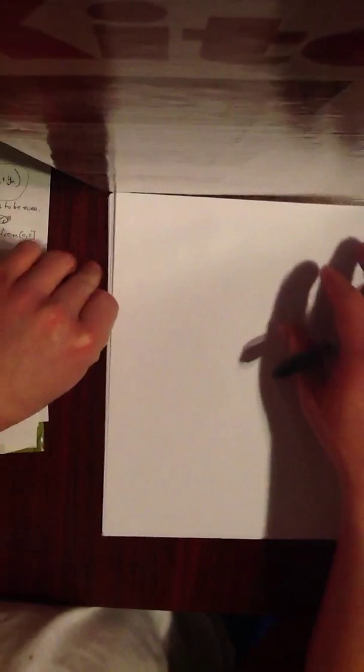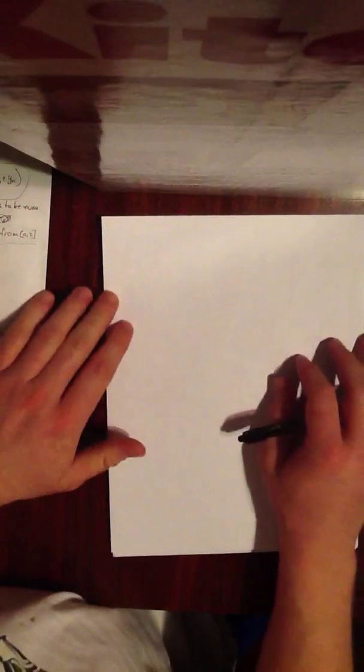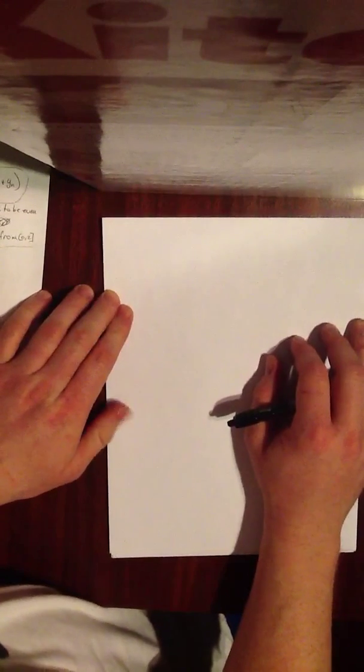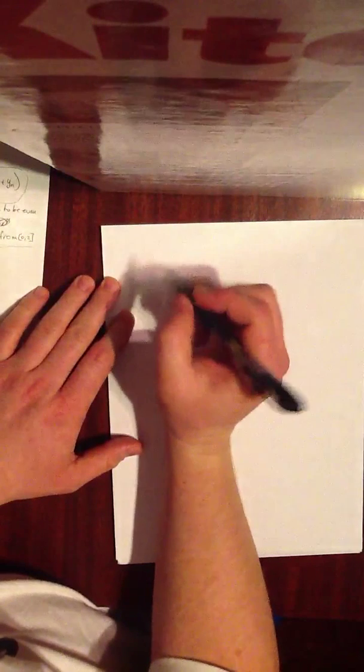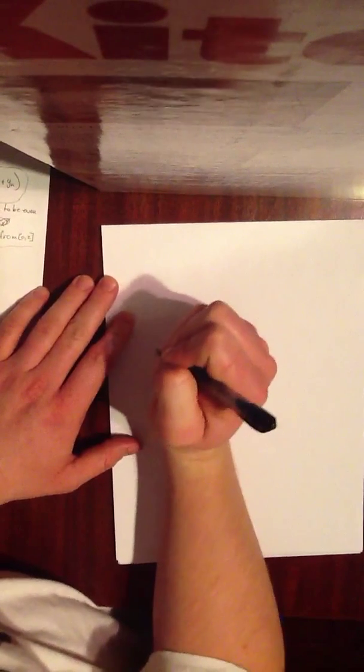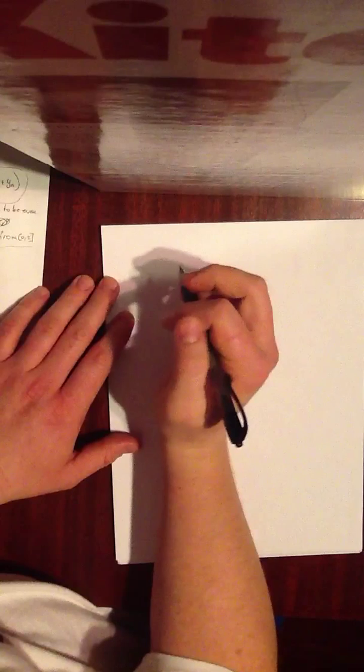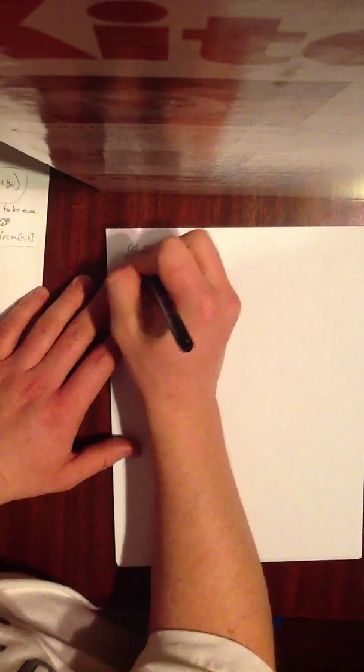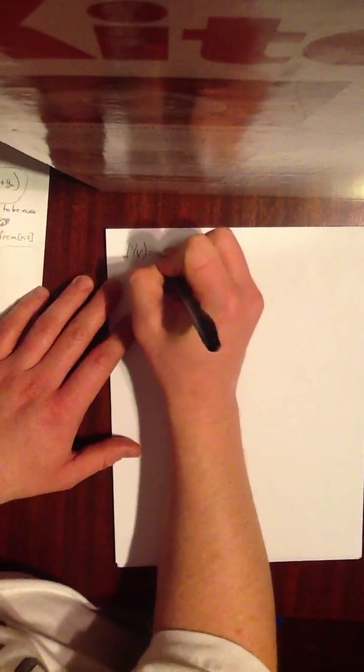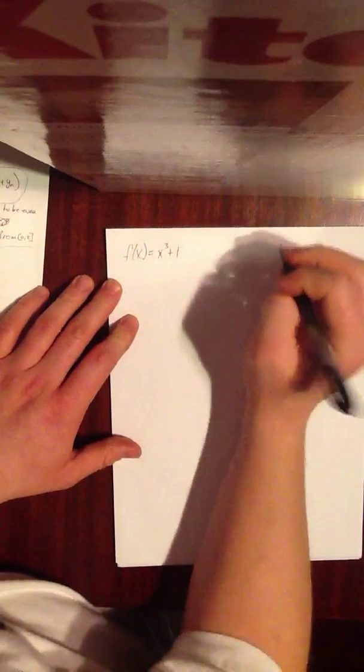One more example. I'm just going to talk about how you have to pay attention to your letters to know what you're looking for. So let's let f of x equal x to the third plus 1.